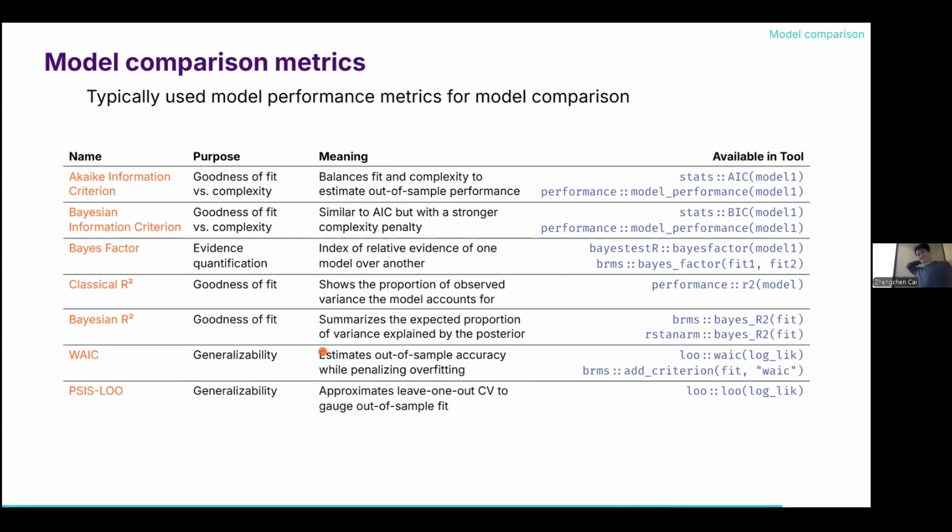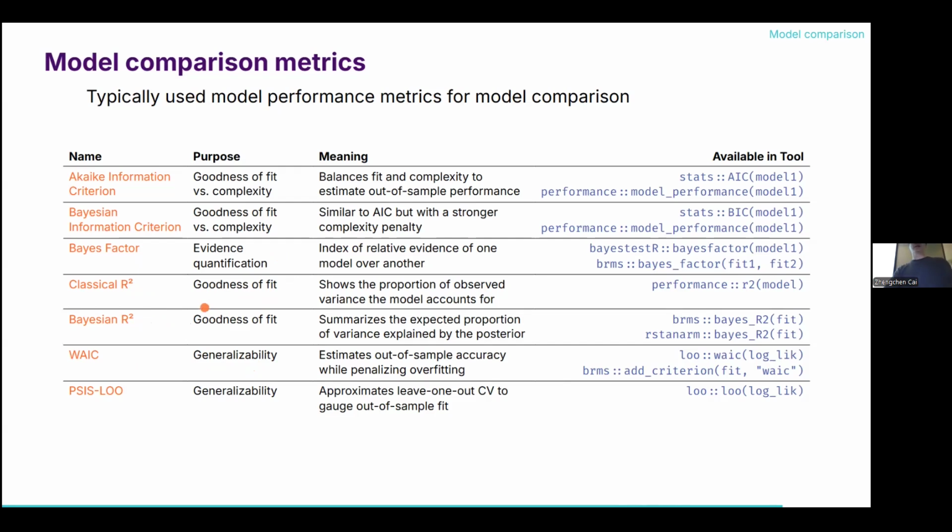I listed a lot of metrics here. Basically, model comparison, you can separate into several categories. If you care about the goodness of fit, for instance, you can use classic R square, or you have a Bayesian version of R square, or maybe you care about generalizability, in other words, the predictability or whatever you call it.